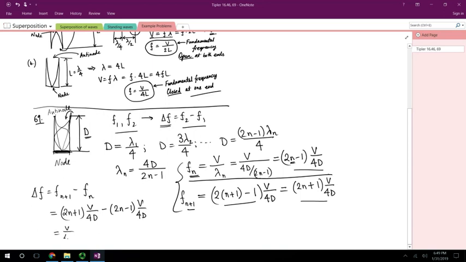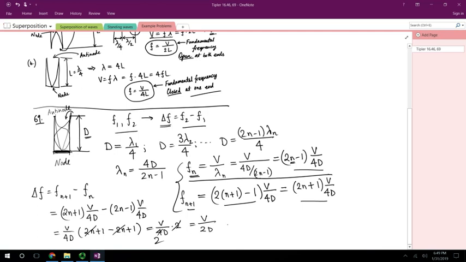We can factor the v over 4d out, giving 2n plus 1 minus 2n plus 1, and this plus sign comes from distributing the negative sign into the parentheses. The 2n and the minus 2n cancel, so we have v over 4d multiplied by 2, and this 2 cancels with the 4 in the denominator, so eventually we get v over 2d.